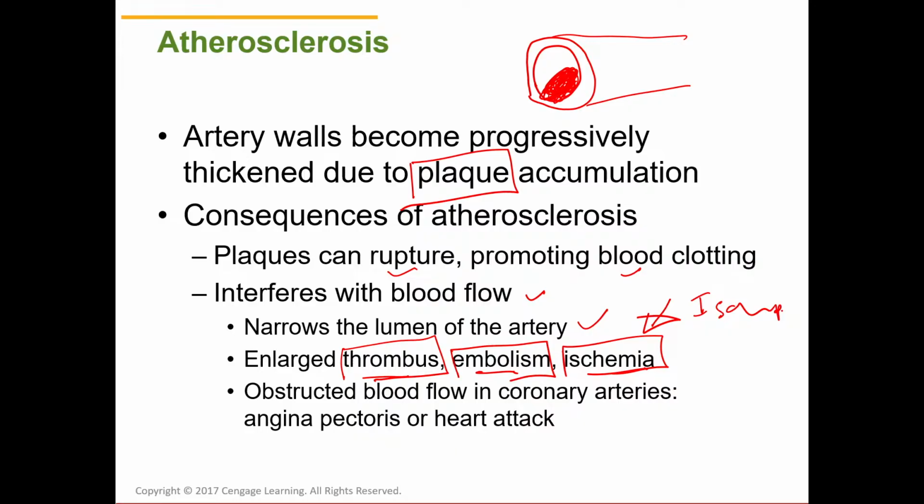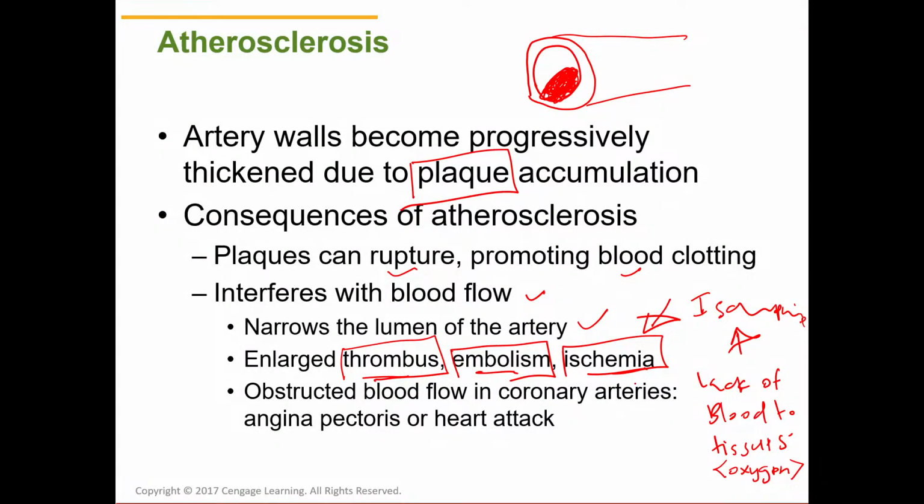Ischemia is a lack of blood supply to tissues. And when there's not enough blood supply to tissues, it means there's not enough oxygen going to them.